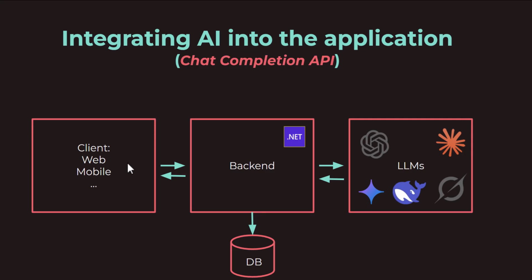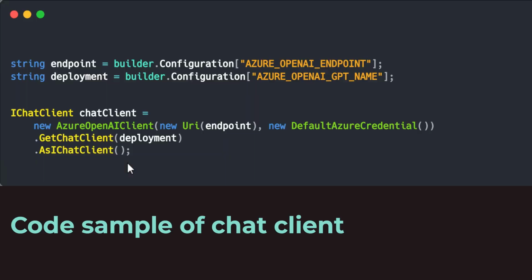in a .NET application. Usually, we use IChatClient to deal with the LLMs. If I want to show you how it looks, simply you pass the endpoint and the model name. You can create an Azure OpenAI client and pass the endpoint.